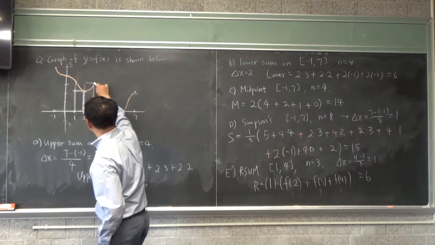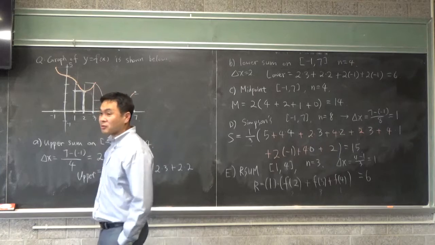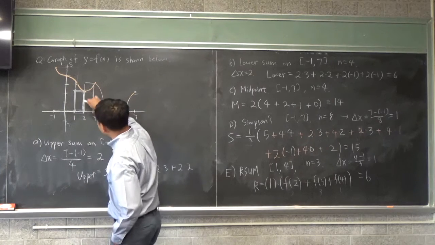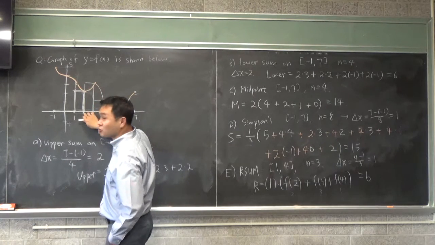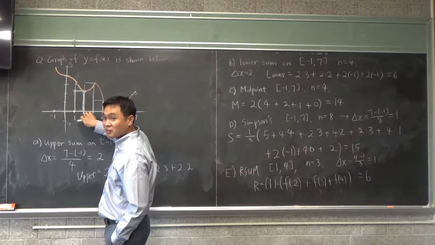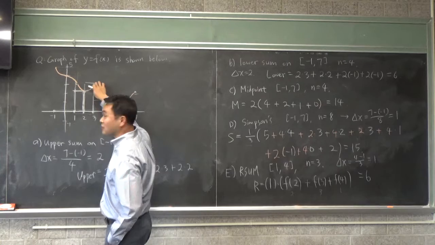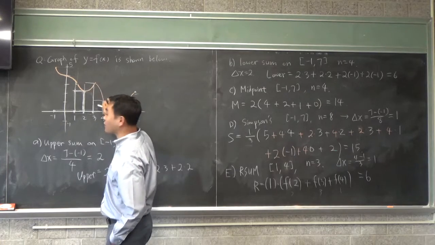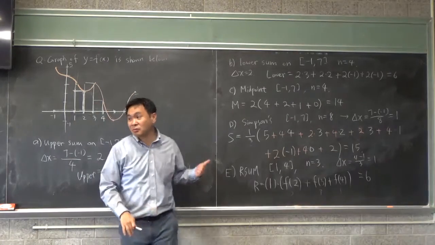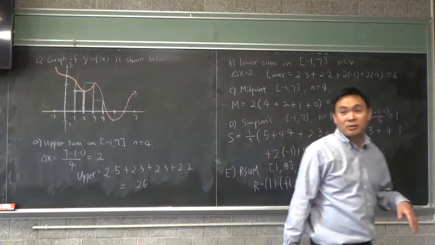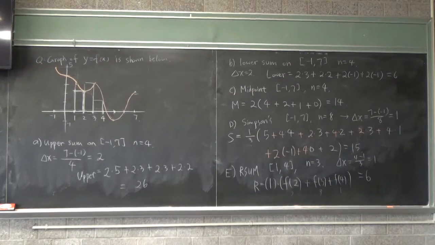And the next one is this one, and the last one is this one. Now look at what this is. This is the function evaluated at 2, isn't it? f of 2, which is 2. And the next one is f of 3 and f of 4. Okay, that's why we have that formula. All right, so hopefully that was good enough. Do you have any questions?